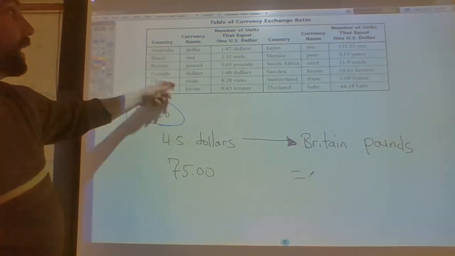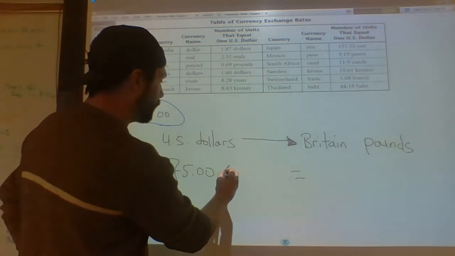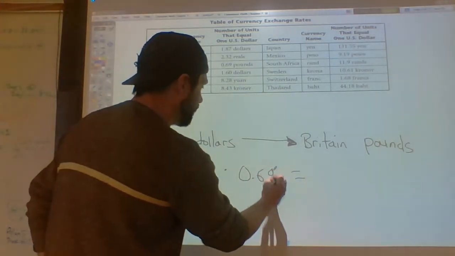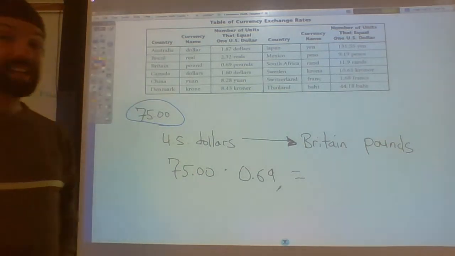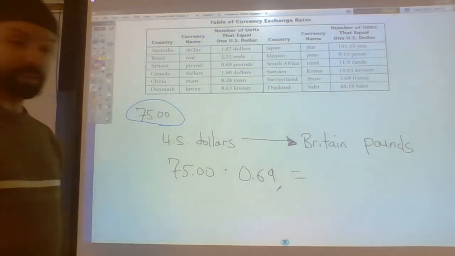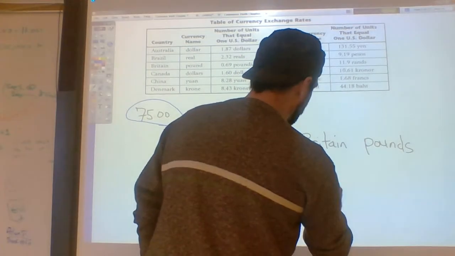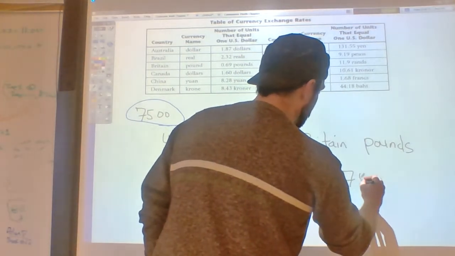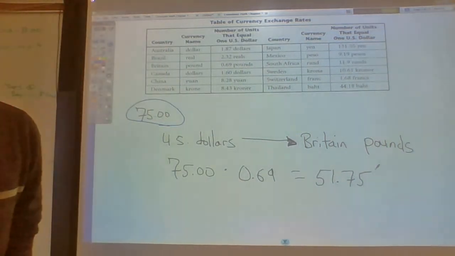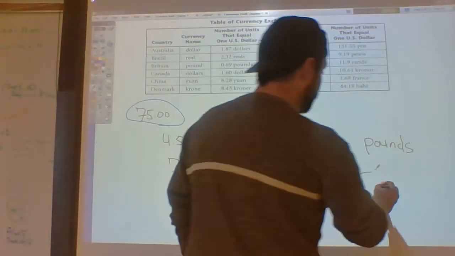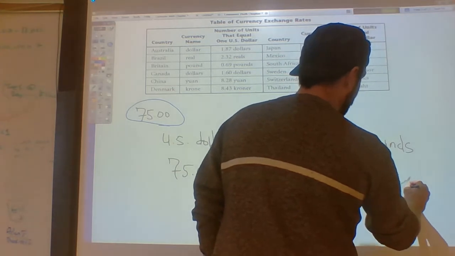The exchange rate is here, 0.69. You're only going to get 69 cents back for each dollar you change. So your $75 is only going to yield $51, or excuse me, 51.75 in British pounds.